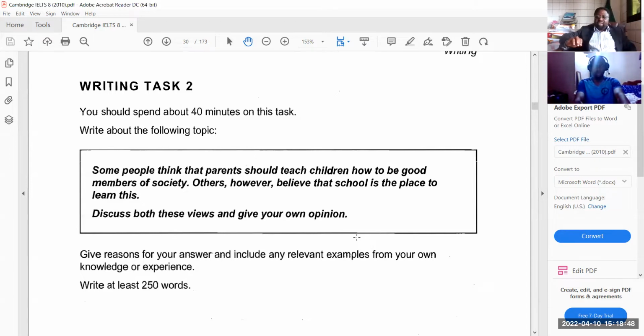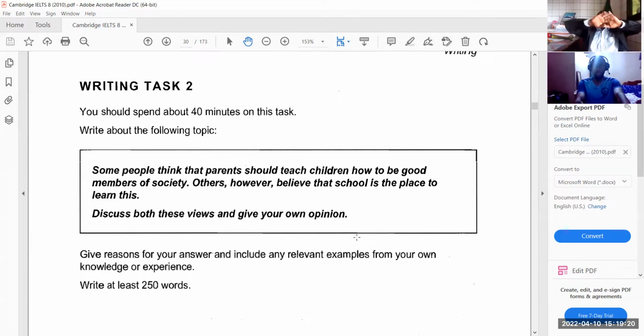Keyword identification is very important. Second thing is to identify the different task requirements. What do they want to hear from me? Let us take: some people, parents, teach, good members of society, school. Those are the keywords.